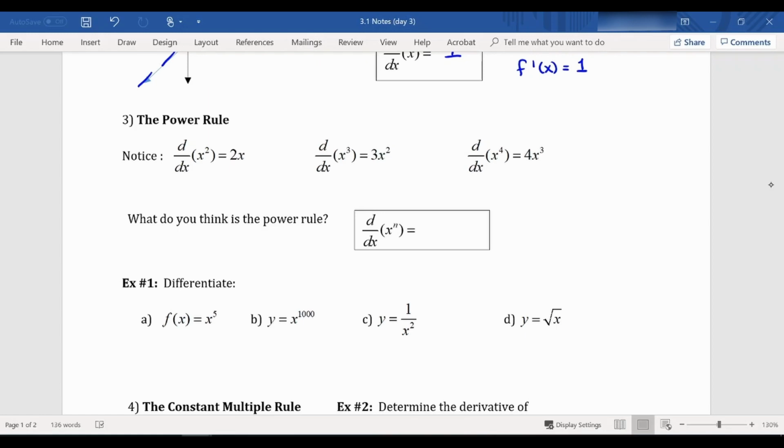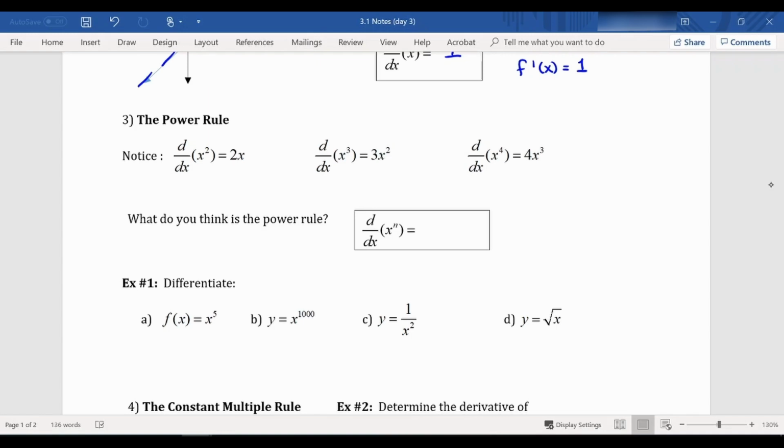So I'm going to give you a moment to write down what you think the power rule is if you're taking the derivative of any x to the power of some number n. Try predicting here what this is going to be. Okay, if you need more time, please pause the video, write it down, and then start playing again.